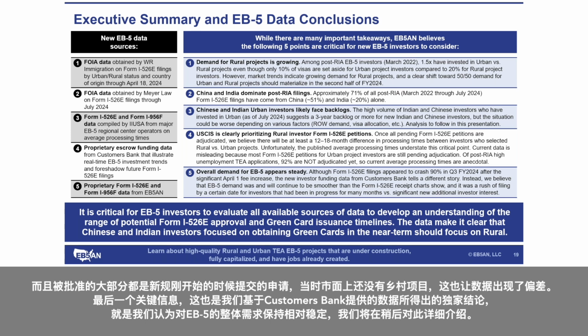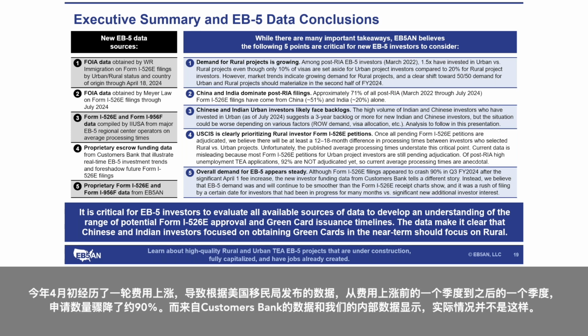And the last key takeaway, and this is something also unique to us based on viewing the customers' data, which we'll get into later, is that we believe the overall demand for EB-5 has stayed relatively consistent. There was the fee increase that happened earlier this year in April, which did pull a lot of filings forward, to the point where, based on USCIS data, there was about a 90% drop off from the quarter before the fee increase to the one after.